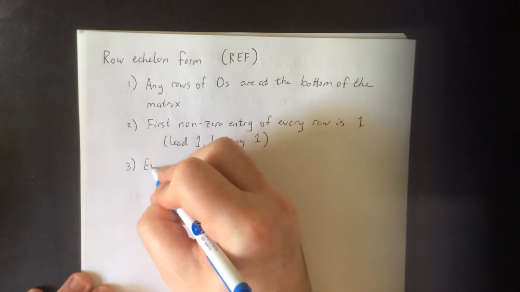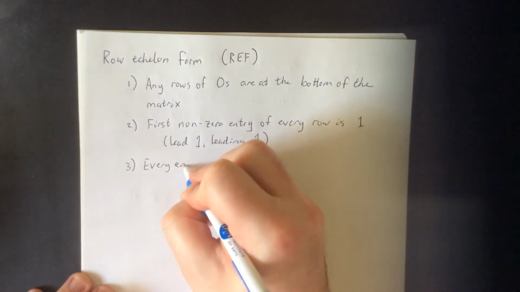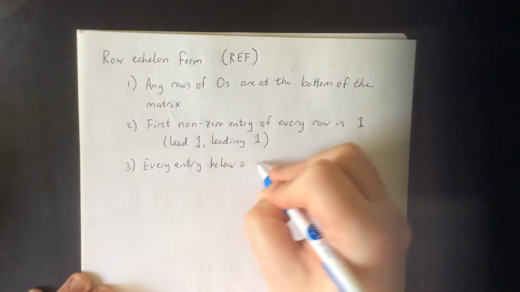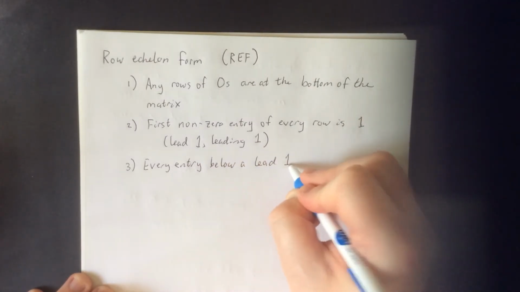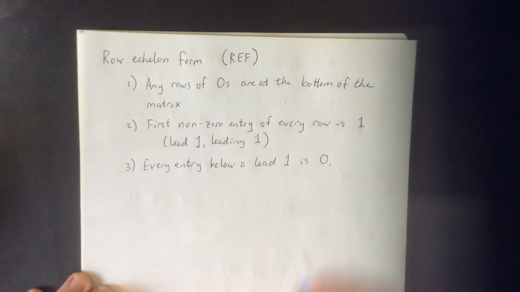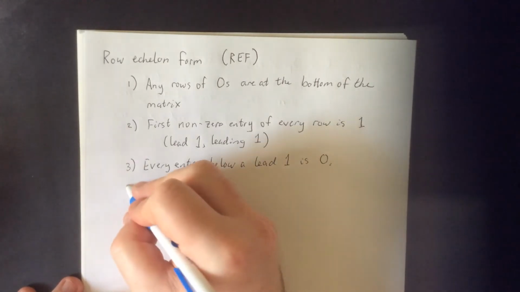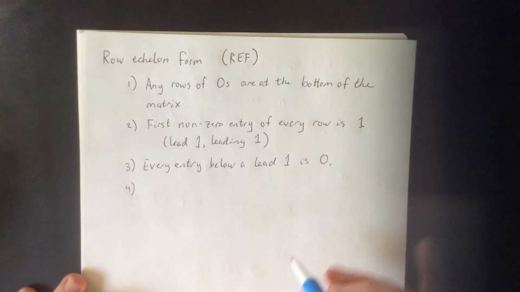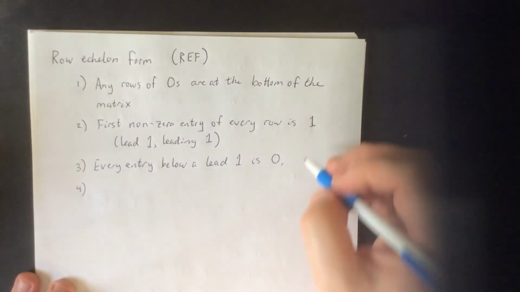Next up, every entry below a lead 1 is 0. Every entry below a lead 1 is 0. Now, there is one last one that is sort of implied by this one, but, in fact, let me draw you a picture.